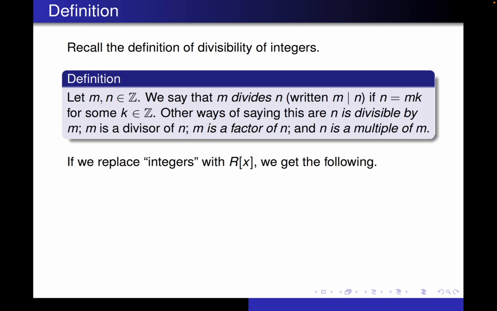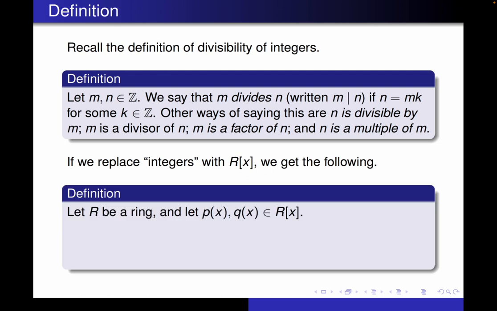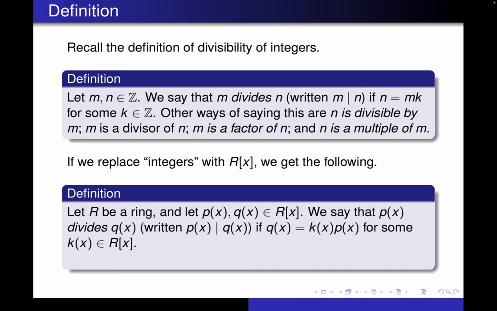And it turns out if we replace integers with R[x], we get a very similar concept. So let R be a ring and let p(x) and q(x) be in the polynomial ring R[x]. We say that p(x) divides q(x), and we write it using very similar notation, if q(x) is equal to k(x) times p(x) for some k(x) in R[x].